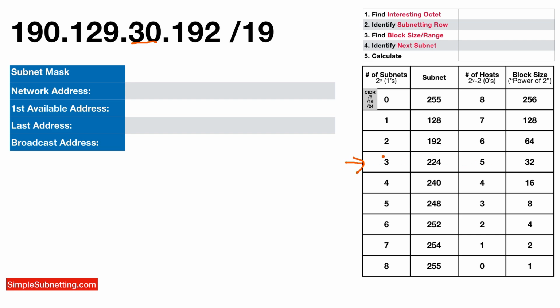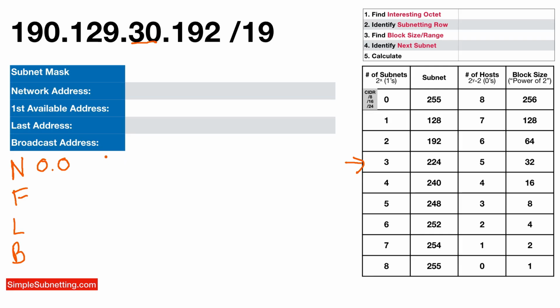All right, next we got to find the block size, which is 32. And so we're going to write it out. But before we start writing out, I like to just label it so that I don't have to come back and do it later. So N for network, F for first, L for last, and B for broadcast. Okay, and now the block size is 32. So 0.0.